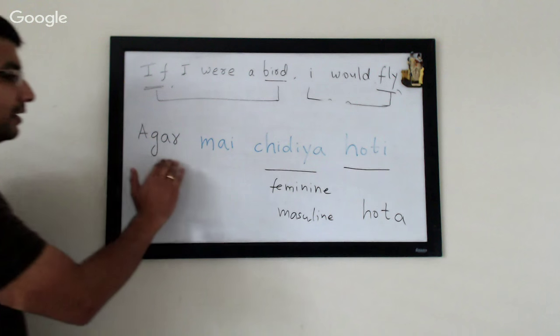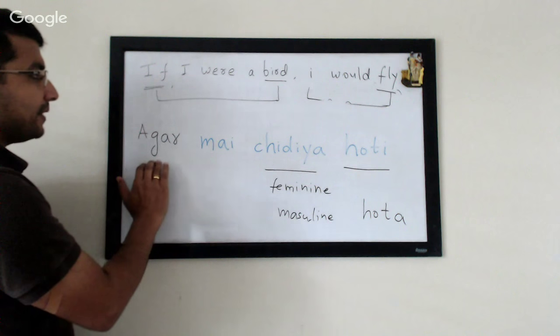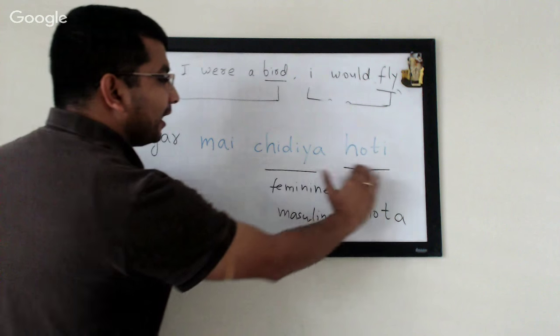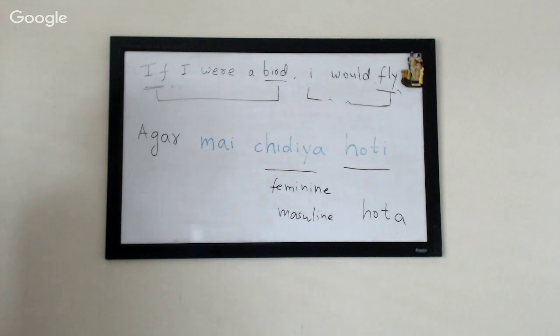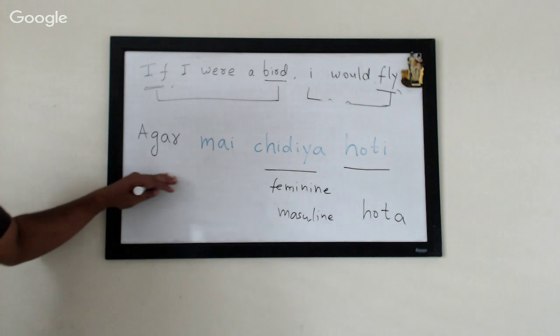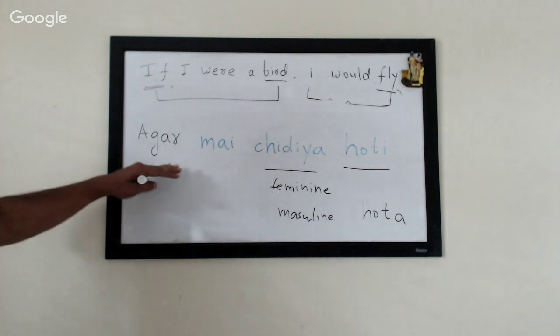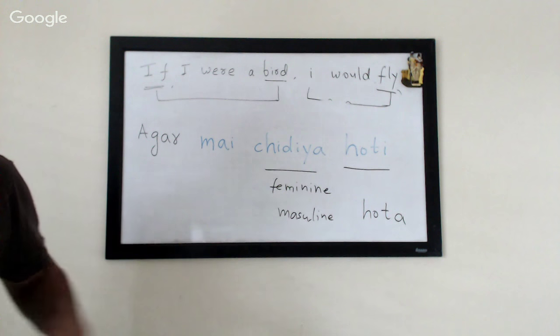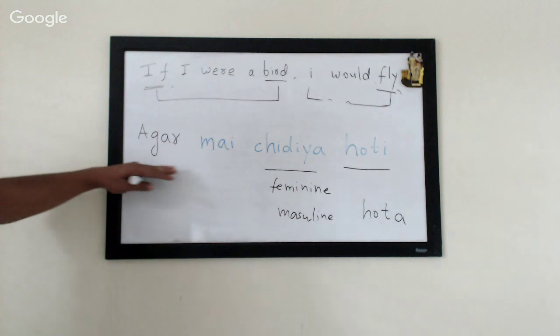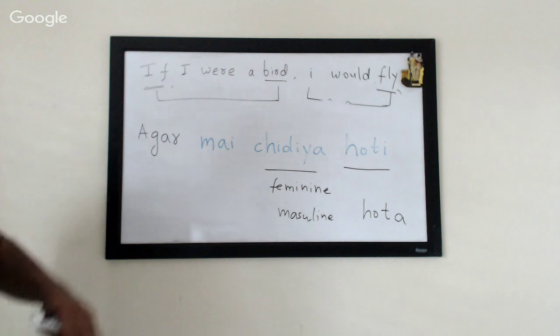Okay. So agar is your by default. Just to repeat it, अगर मैं चिड़िया होती. Try to practice it on your own. अगर मैं चिड़िया होती. Now this will give you a good understanding of the first sentence.